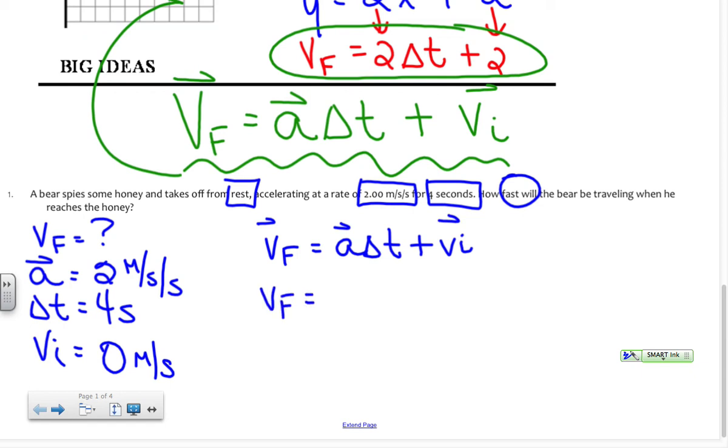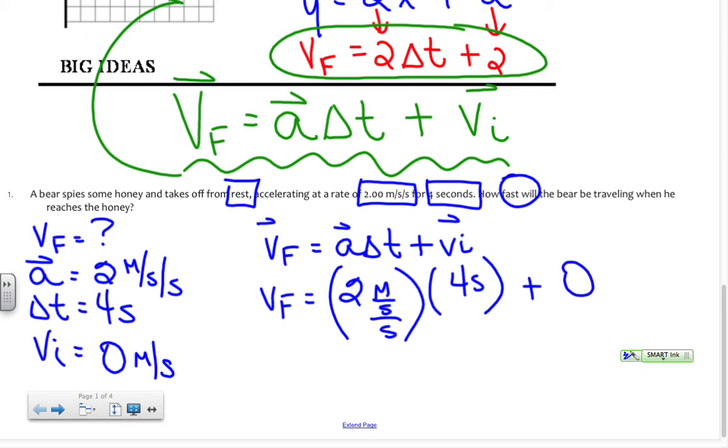I take my acceleration, which is 2 meters per second per second. I'm writing it this way on purpose. Delta t is 4 seconds, plus 0 meters per second. So that really is out of the equation at this point. The 0 is not going to matter. So 2 times 4, no doubt you can do the math on that.